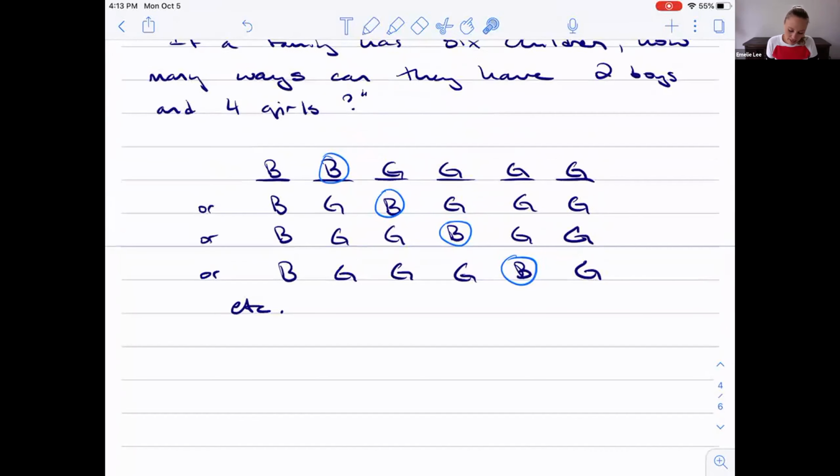But what we have here is essentially: how many unique arrangements can I have of B, B, G, G, G, G? So now you're talking more in the sense of, if this was a word, how many different permutations can I have of this word, right? And it becomes the same problem.